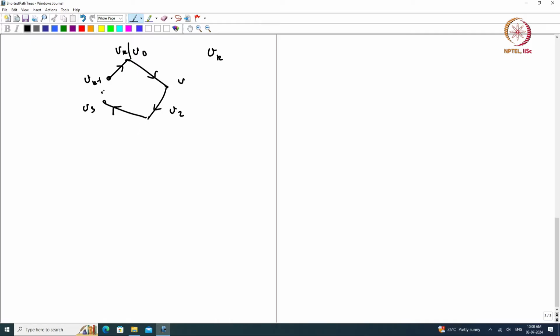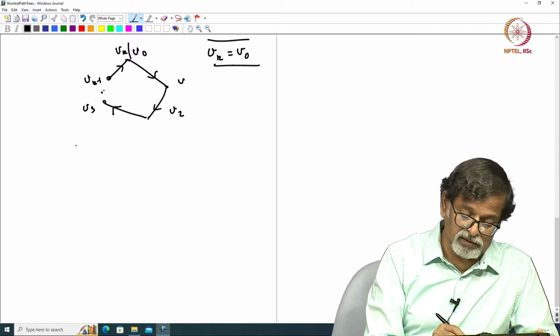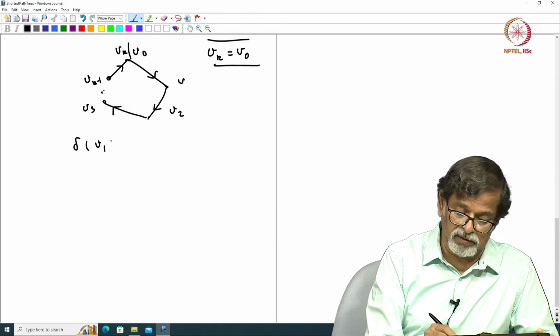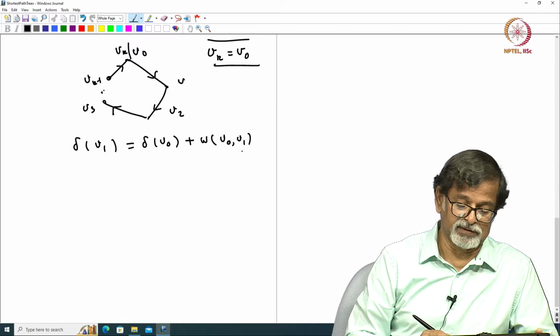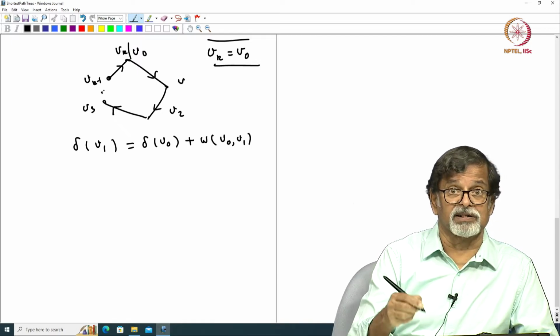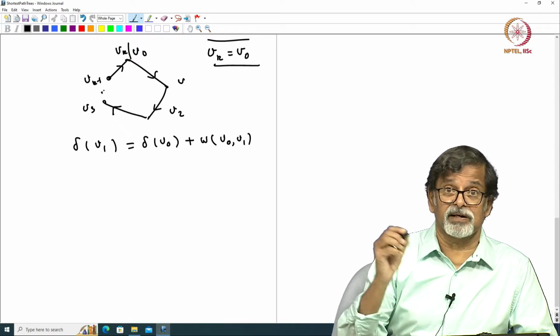It comes back. These are all the edges in the Bellman graph. Therefore, you have delta V1 equal to delta V0 plus weight of V0 V1. This is equal because it is a Bellman edge.